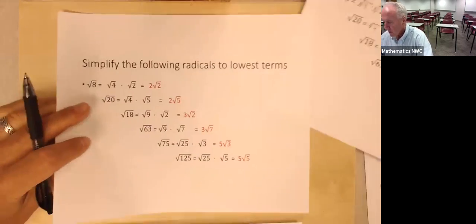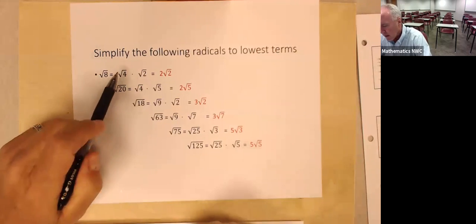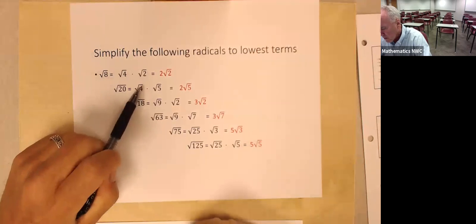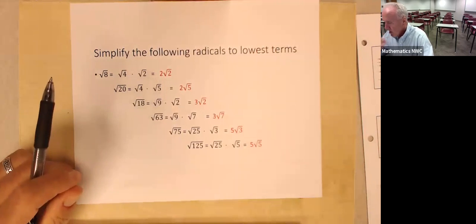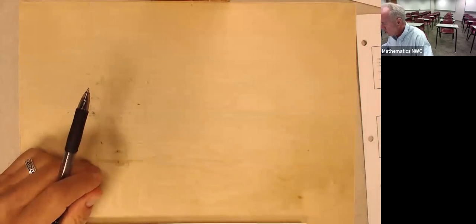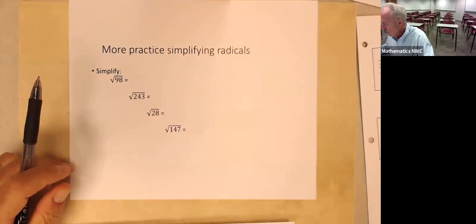Here's the answers written in just a little bit clearer form. But in all cases, I showed the factorization that I was using. Let's take now just a few of them that have slightly larger numbers. Try these 4. I'll give you a head start.